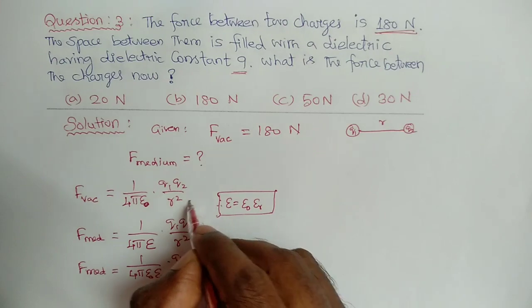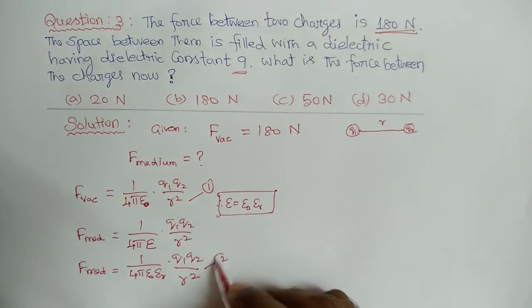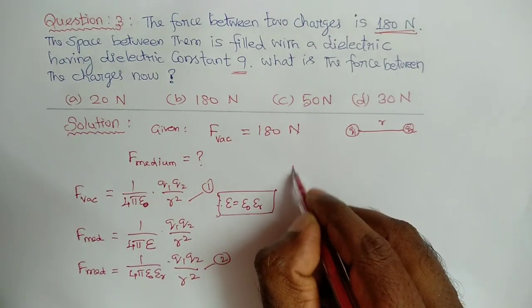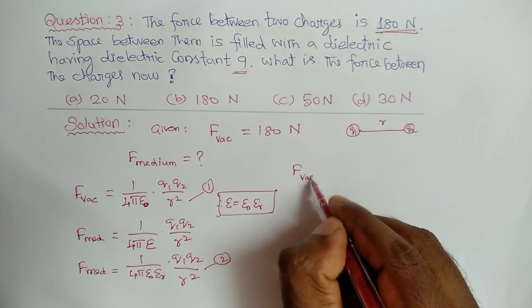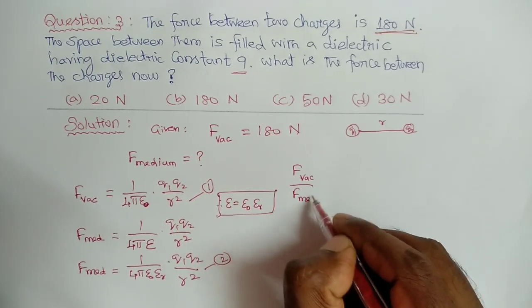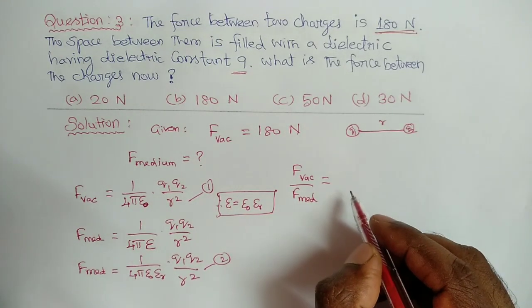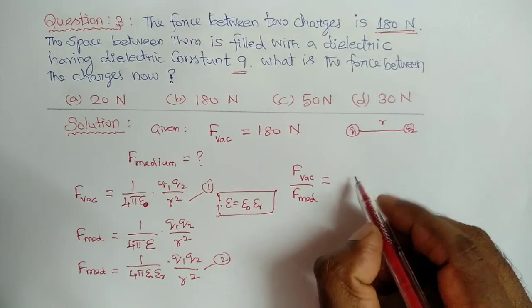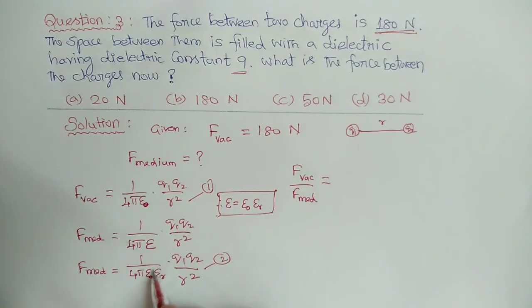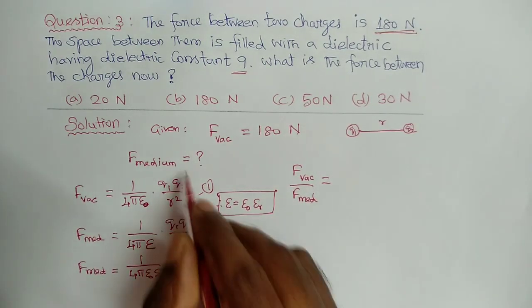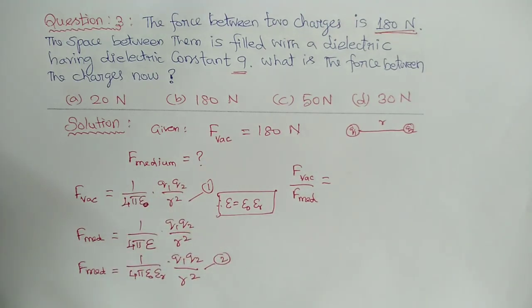So compare these two equations 1 and 2. So you are going to take the ratio. So F vacuum by F medium. So divide this equation by this. So you'll get it. What's the value remaining? Epsilon r. This is the remaining quantity. Remaining all the things cancel.